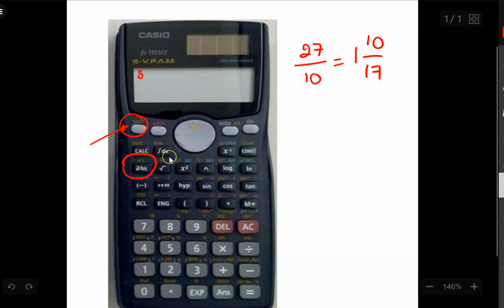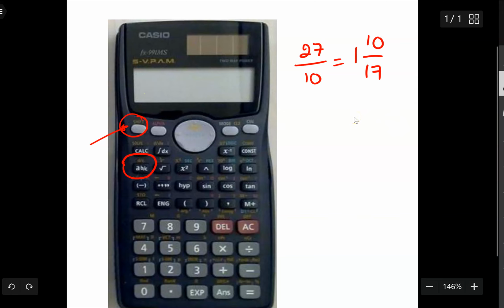Remember the shift key: press the shift key, you will see an S, and then you press again, the S will turn off. These are the keys that I would like everyone to play around with.